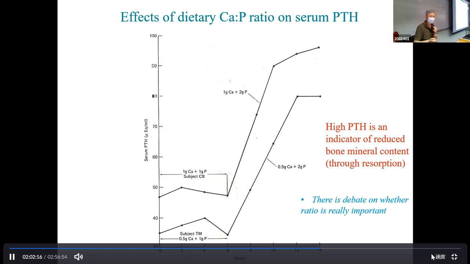Now, whether this increase in phosphorus intake over the long term will influence your bone mineral content is another issue that needs to be established. But since PTH is responsible for demineralization, the implication is that if you have high phosphorus intake, then it is not good for your bone health.